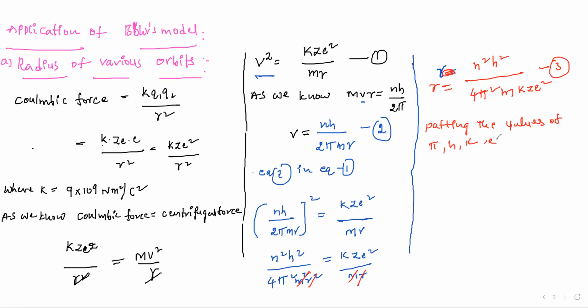After applying all these values, we get the formula R equal to 0.529 into 10 to the power of 8 into n by z centimeters.